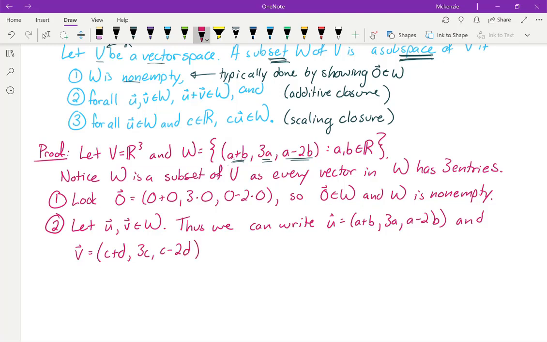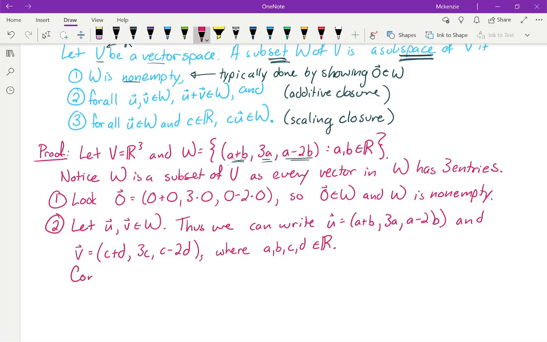We want to make sure we're in the same format as we were for W. So we want whatever's the middle piece to be 3 times the first variable. So yes, those are both in the forms of W, where A, B, C, and D are all real numbers. Okay, so again, we introduce new variables, so we should indicate what they are.